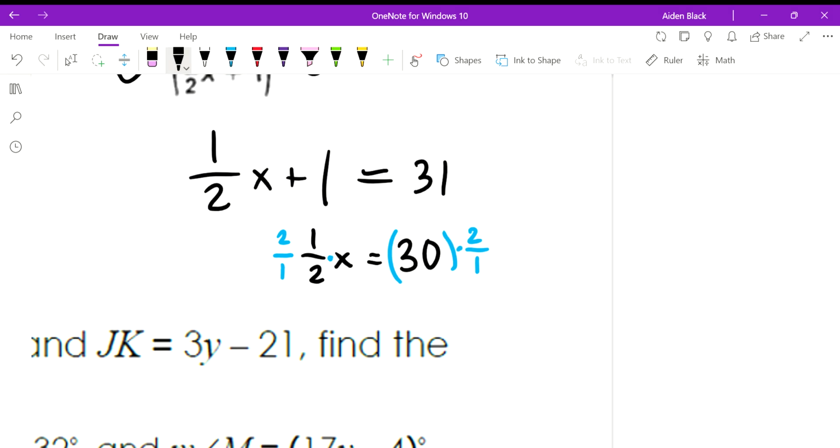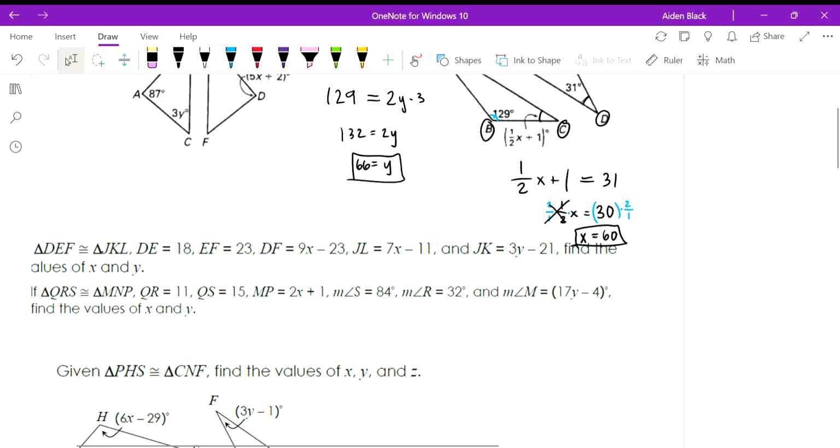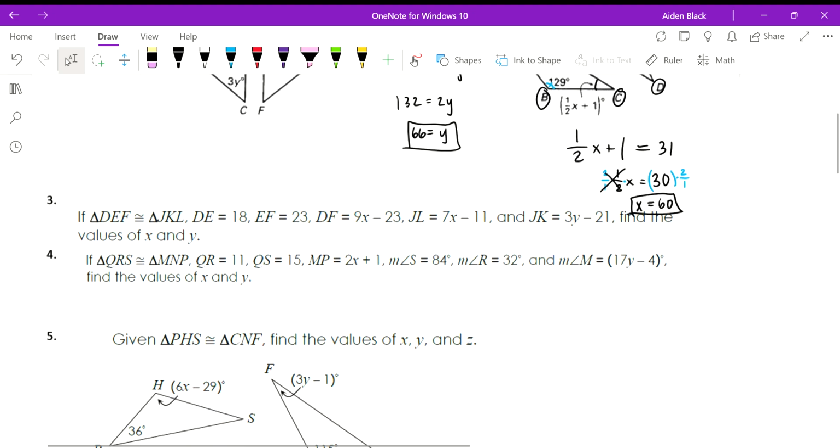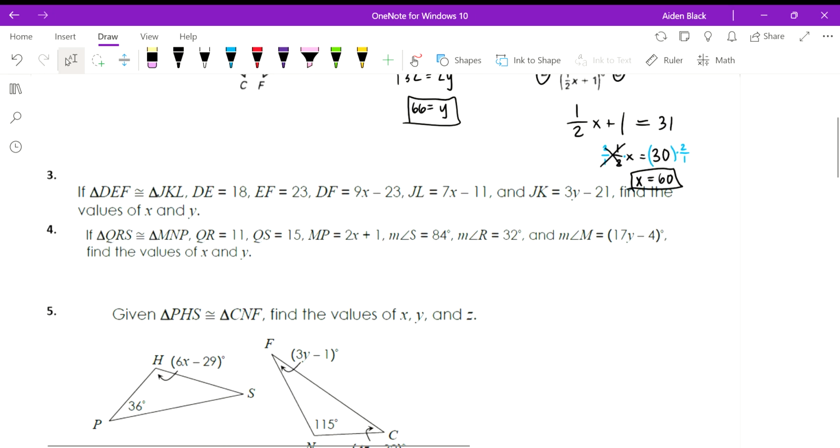What's nice is, when you multiply the reciprocal, these cancel. You get 1x, which is just x. And here you get 30 times 2 over 1, which is 60 over 1, or just 60. And we're done. We found the value of the variables.